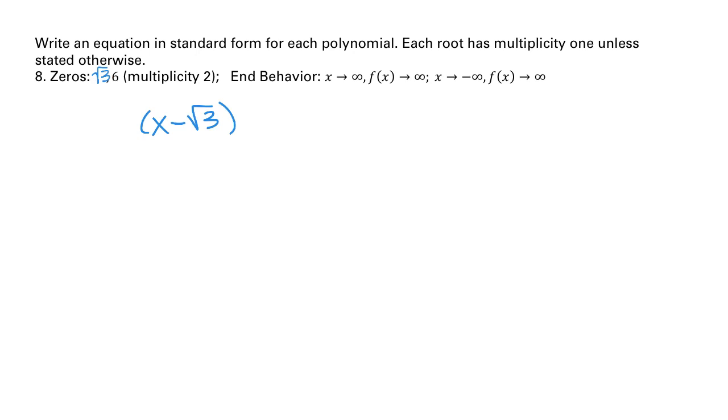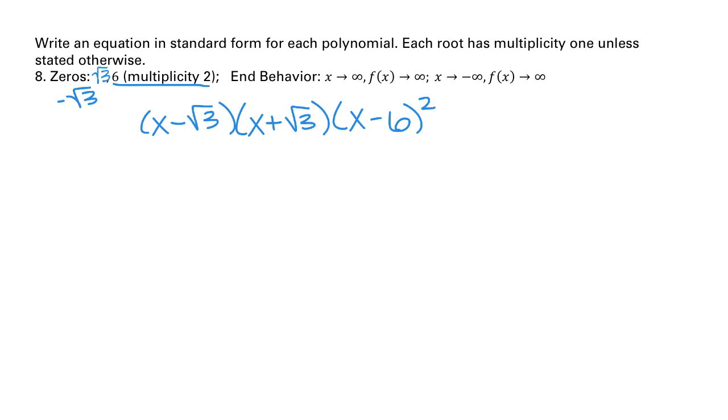So if root 3 is a zero, negative root 3 must be another zero. And if negative root 3 is a zero, x plus root 3 is a factor. We also have 6 with a multiplicity of 2. So x minus 6, there's 2 of them, another x minus 6. So I'm going to put squared on it.